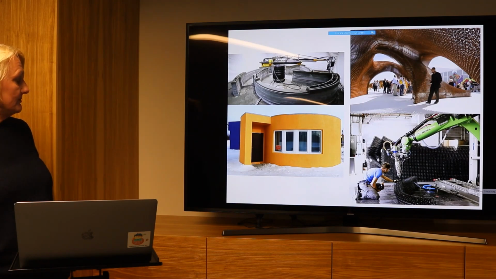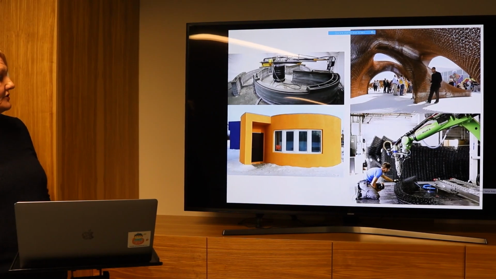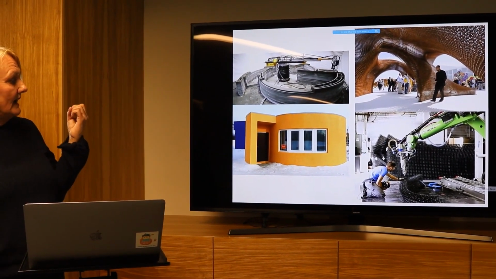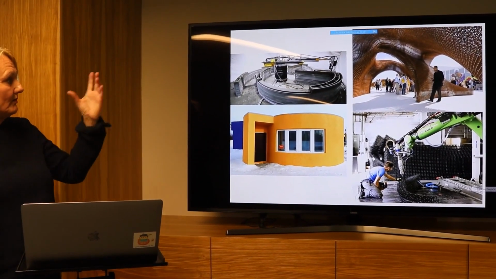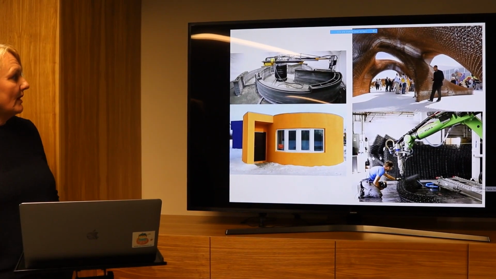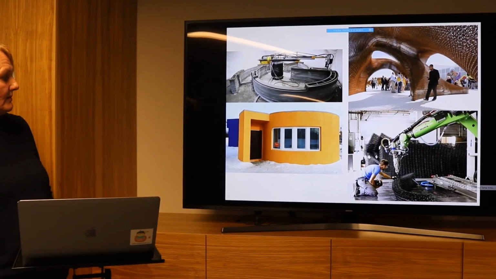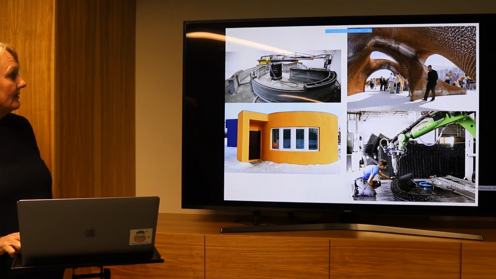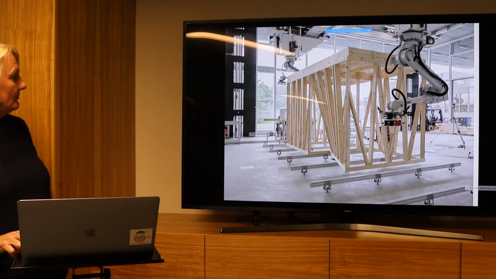On the right is the American architects' shop using a KUKA construction robot to create a quite complex lattice work, open air pavilion for one of the recent Miami design fairs, and they're using bamboo twine to construct this pavilion.